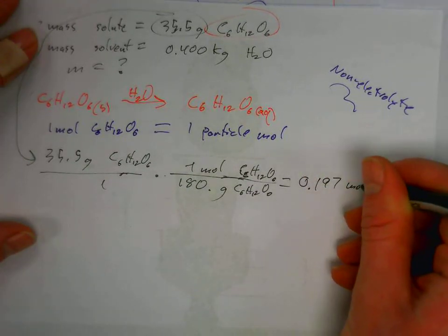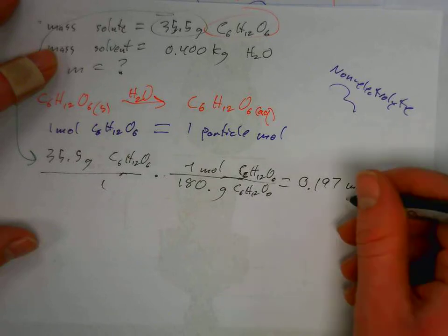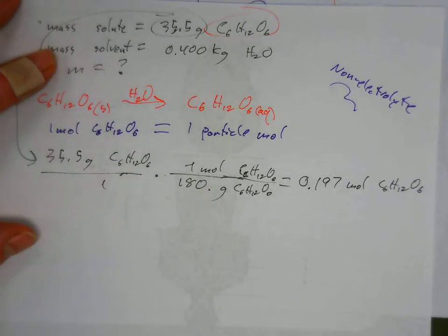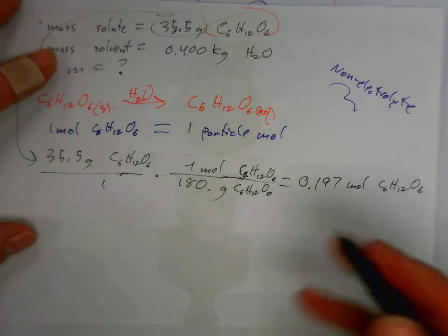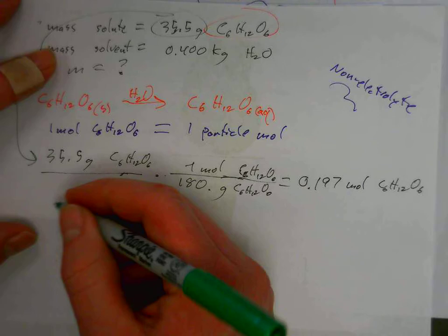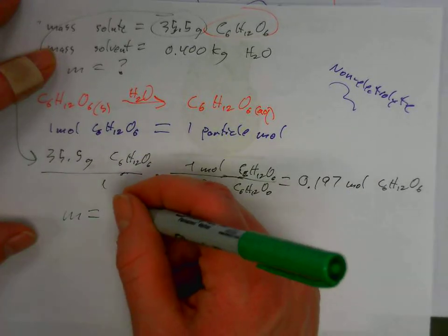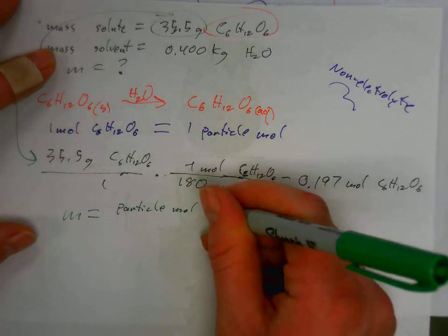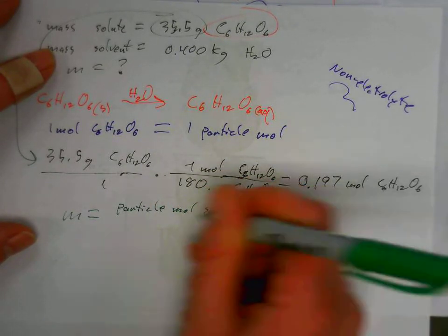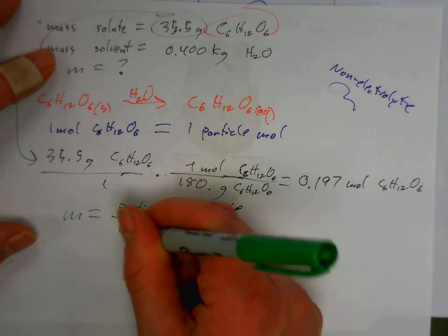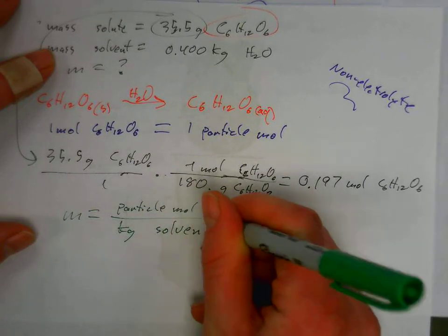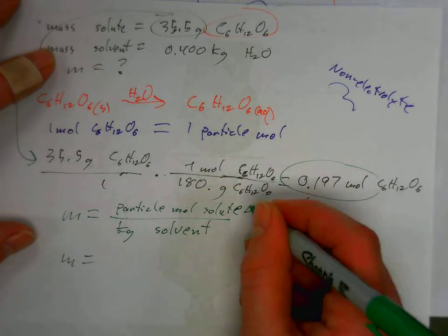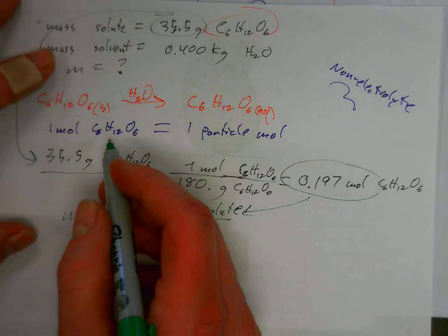So now we can plug that into the molality equation. Molality is the particle moles of solute divided by the kilograms of solvent. Plug those numbers in. Here's the moles of the solute, since particle moles are the same as the moles of glucose, and the kilograms of solvent given to us right here is 0.4.